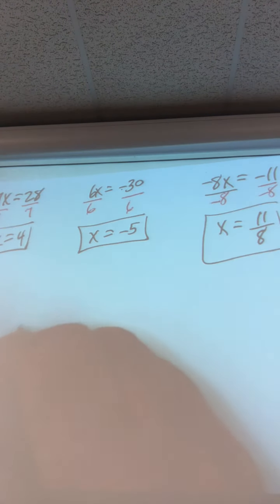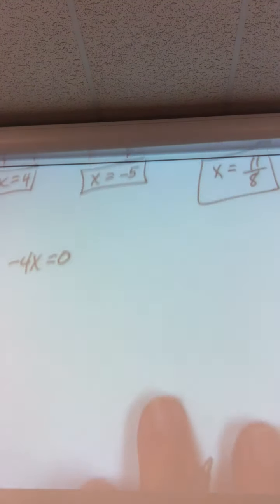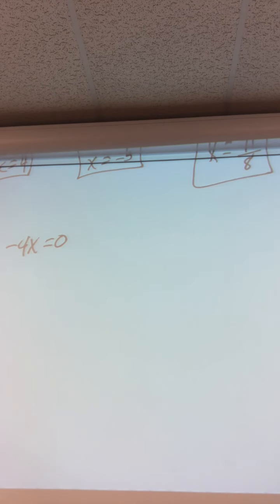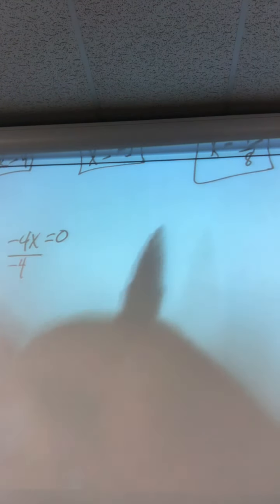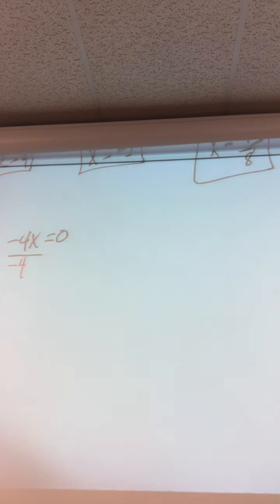Now, if I have this, negative 4x equals 0. Remember, the goal is to get the x by itself. So I got to get rid of this negative 4, but it's multiplying that x. To get rid of that negative 4 times x, you divide by the negative 4. Now, you don't divide by the x also.